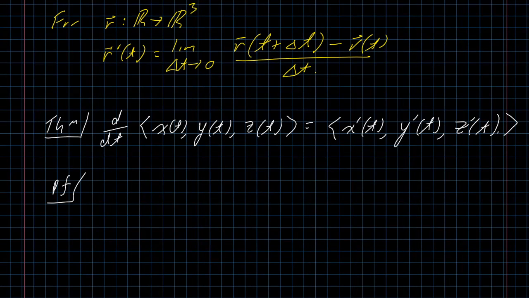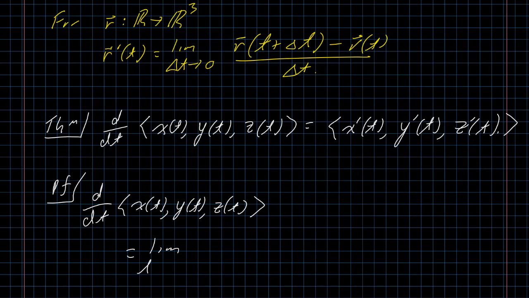By definition, the derivative here is the limit as delta t goes to 0 of the fraction, which is the vector formed by evaluating at t plus delta t.